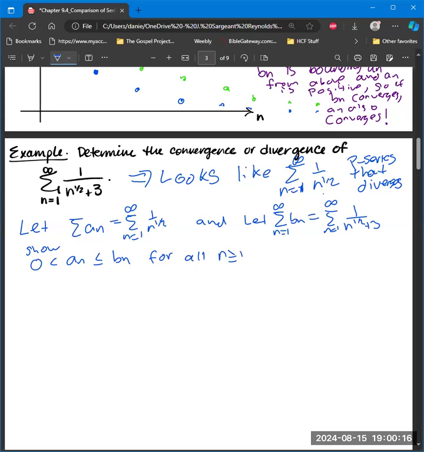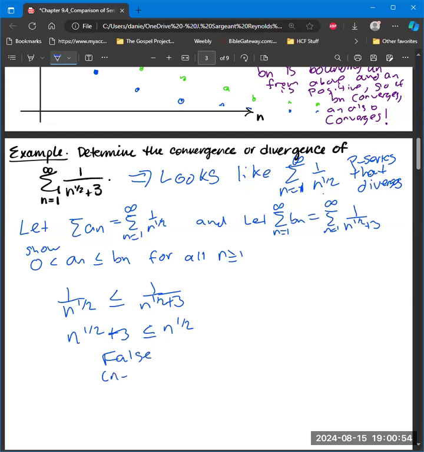Let's see if that's true. So 1 over n to the 1/2, we need that to be less than or equal to 1 over n to the 1/2 plus 3. I already know this is not going to work because this is the bigger denominator. It's the smaller fraction. So cross multiply here, n to the 1/2 plus 3 would need to be less than or equal to n to the 1/2. And this is false.